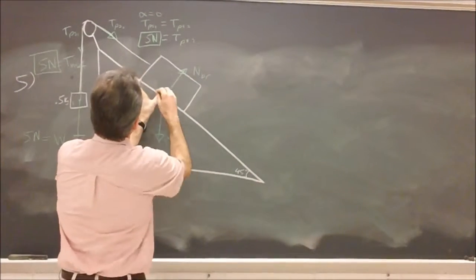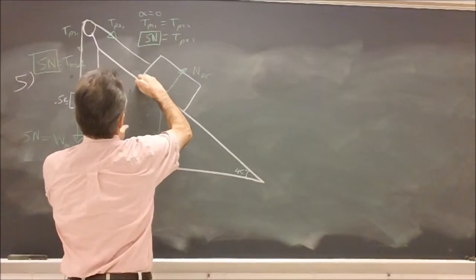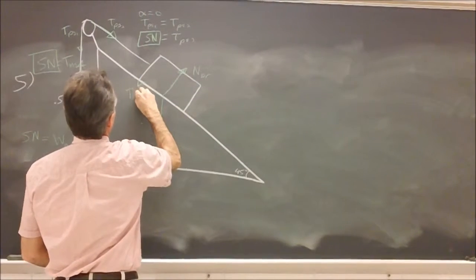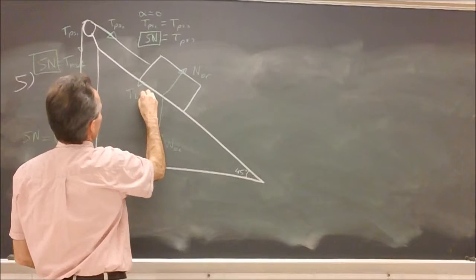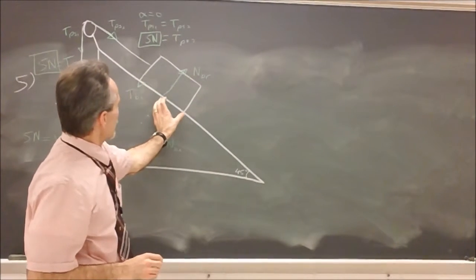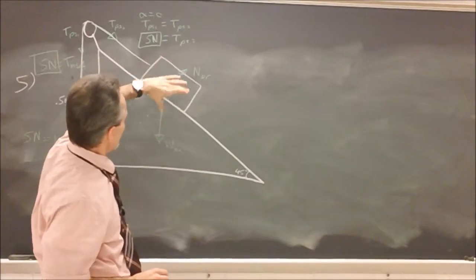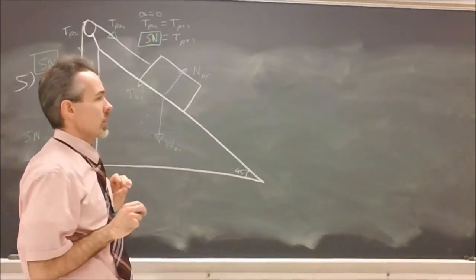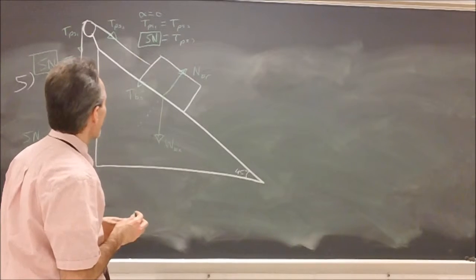And there's going to have to be a tension force on the box from the string. Hopefully you can see that this is the same length as that, and this is the same length as that, because it's not changing state of motion.